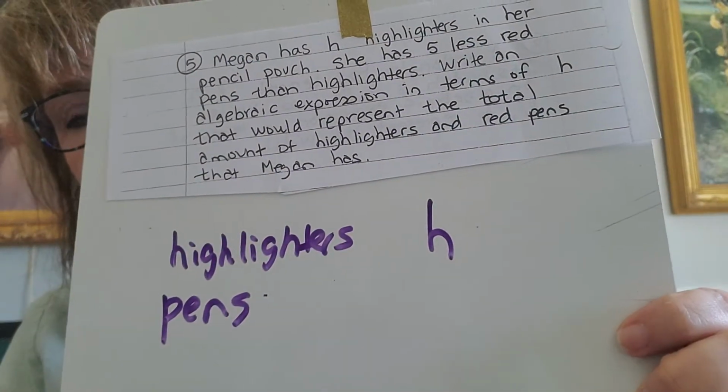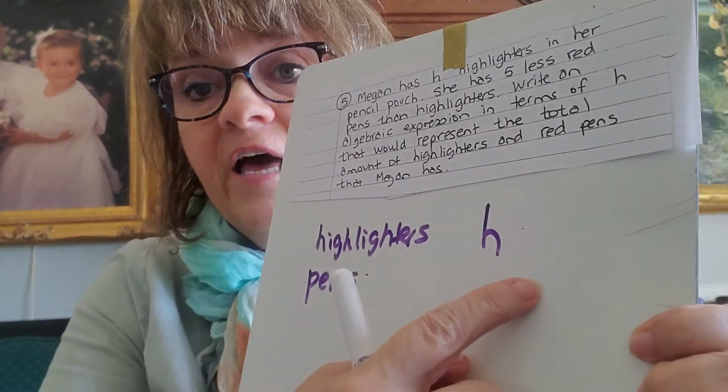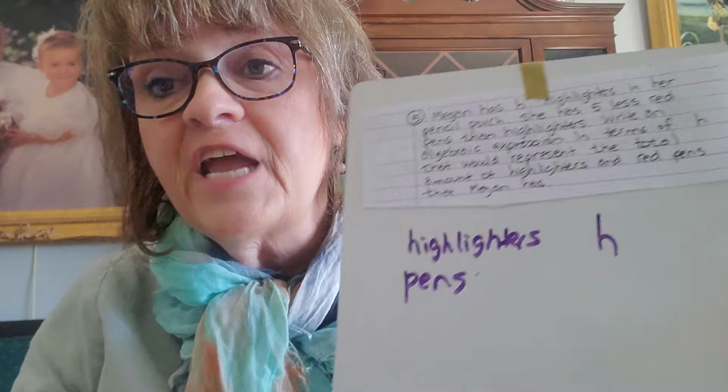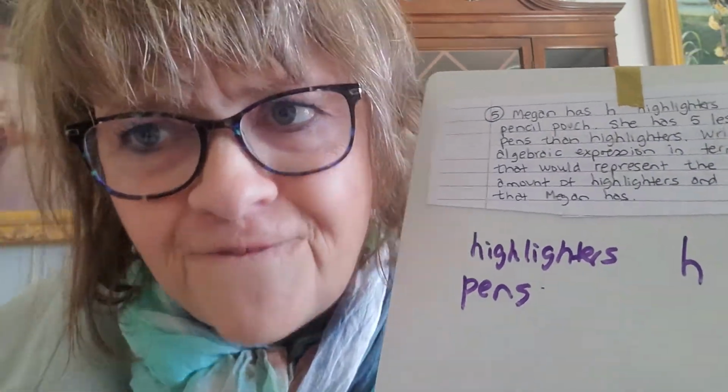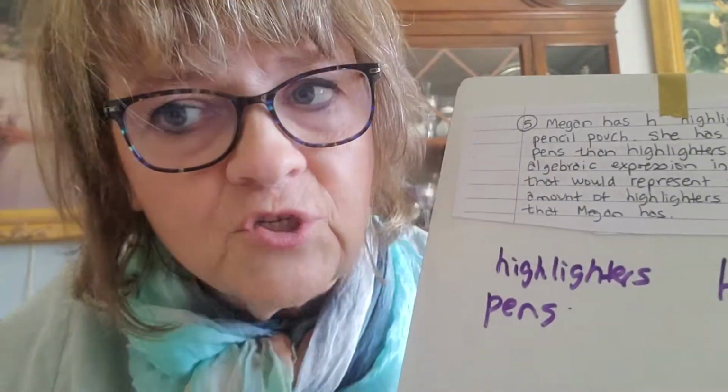So I'm going to write highlighters and I'm going to write pens. Okay? So it says that Megan has H highlighters. So that's easy. Then it says she has 5 less pens than highlighters. So whatever amount that she has in highlighters, her pens are 5 less than that. So what do we write? H minus 5.